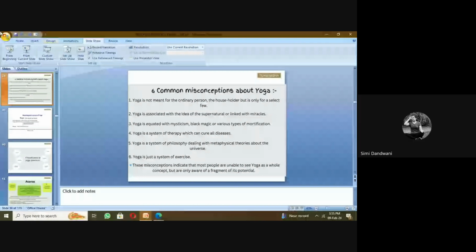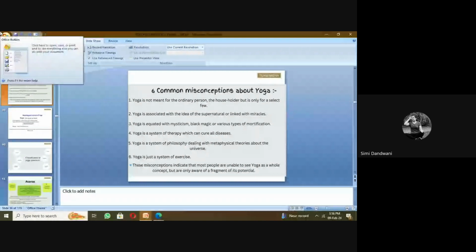And can you explain the 5th point, common misconception?